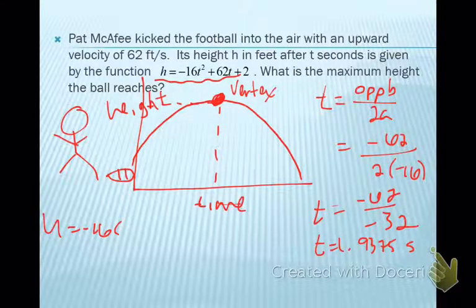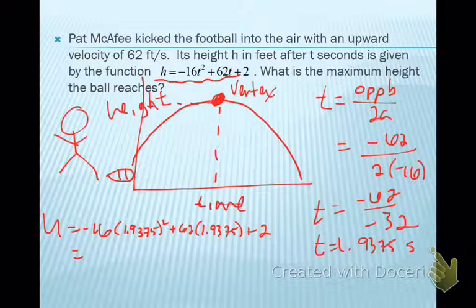So we plug in and get negative 16 times 1.9375 squared plus 62 times 1.9375 plus 2. And we just work this out. Okay?